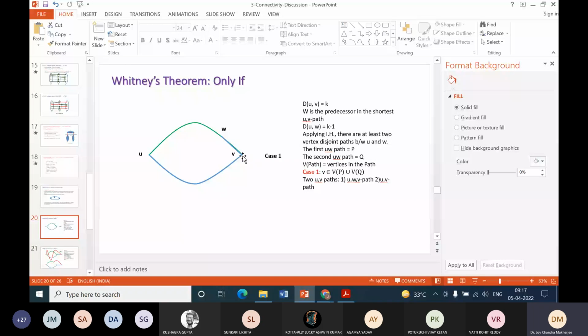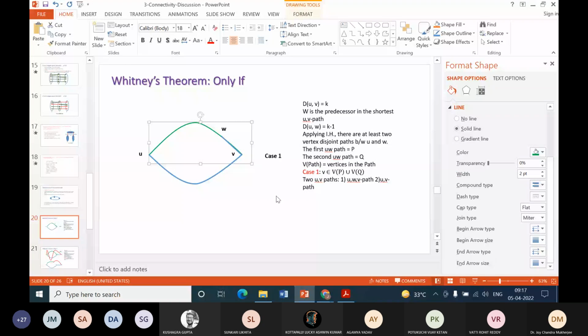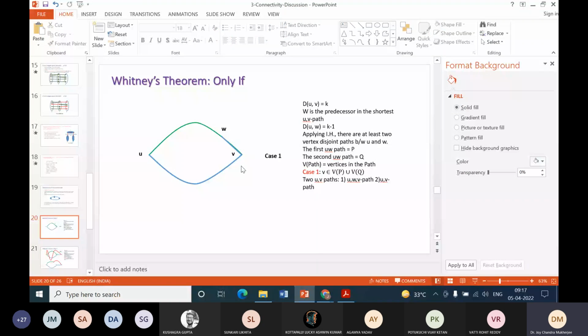So basically what I am saying कि UW के बीच में जो 2 vertex disjoint path था, from that in fact I can derive 2 vertex disjoint paths between U and V. So UW के बीच में vertex disjoint path कौन सा है? ये green वाला है. This is one path, and the second path is UVW.